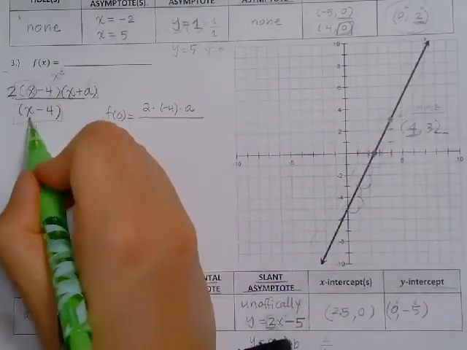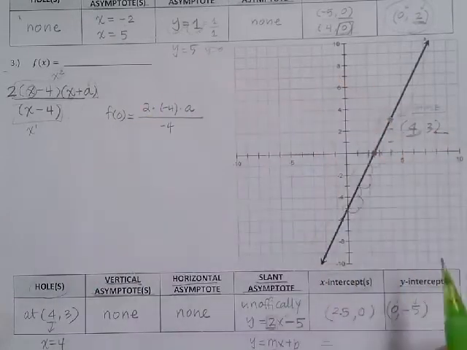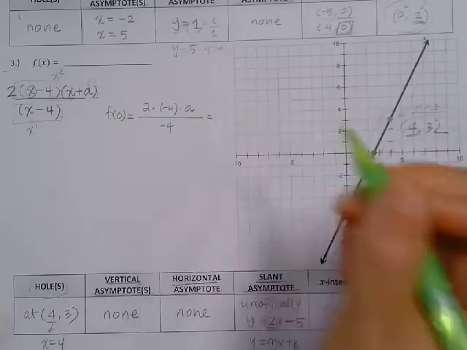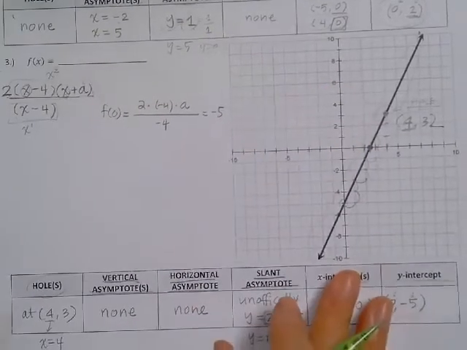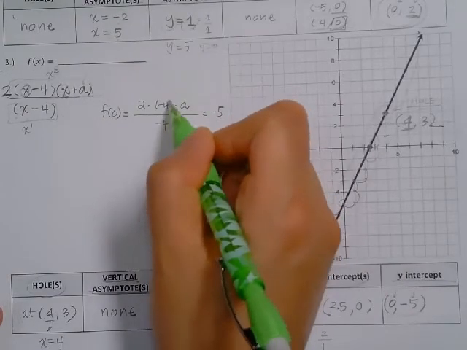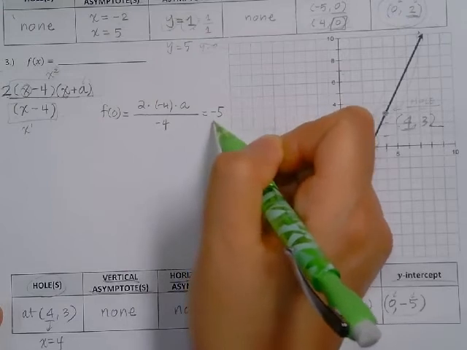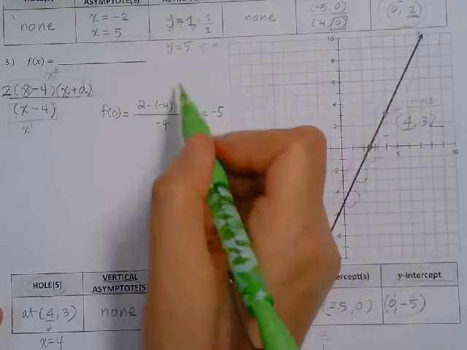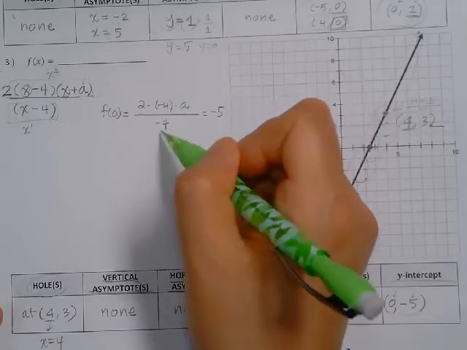And the denominator is 0 minus 4, which is minus 4 on the bottom. And then it was supposed to be equal to the y value, what? Negative 5. So then it could be 2 times negative 4, negative 8 times a over negative 4 is equal to negative 5. Then you can do it too. But I noticed this negative 4 top and bottom as a separate factor.